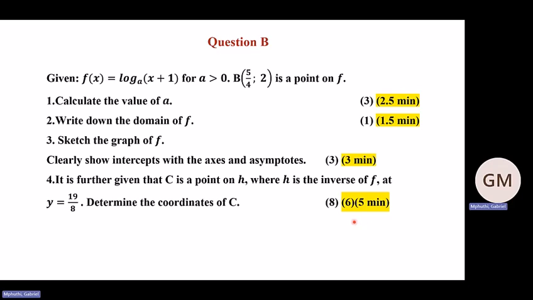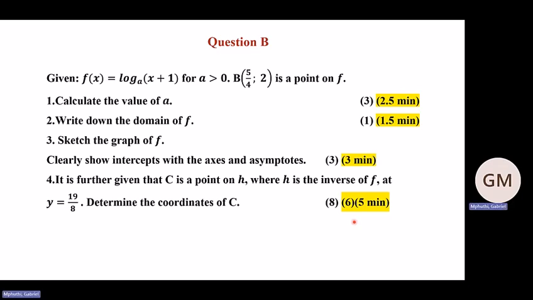Like, the logarithm of 1 is always 0, and you don't have the log of a negative number. Any number raised to the power 0 is always 1. So that is why our a must always be greater than 0. It cannot be equal to 0.